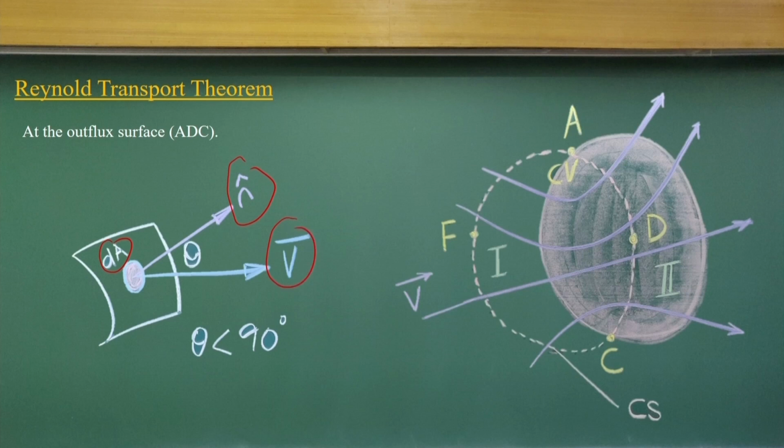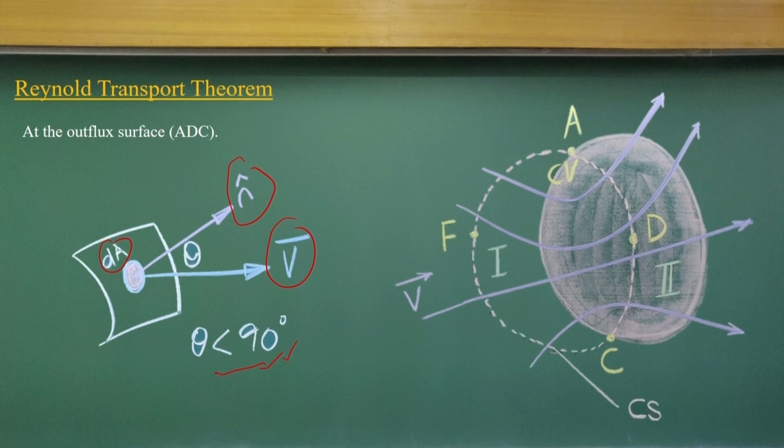If theta is less than 90 degrees, it represents outflux, the flow is going out from this control surface. With these conditions of area dA, what could be the flux going out from this surface during the time delta t?